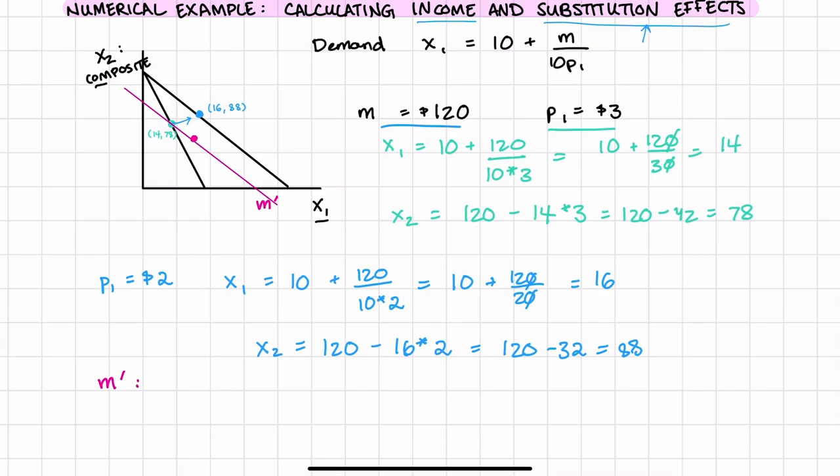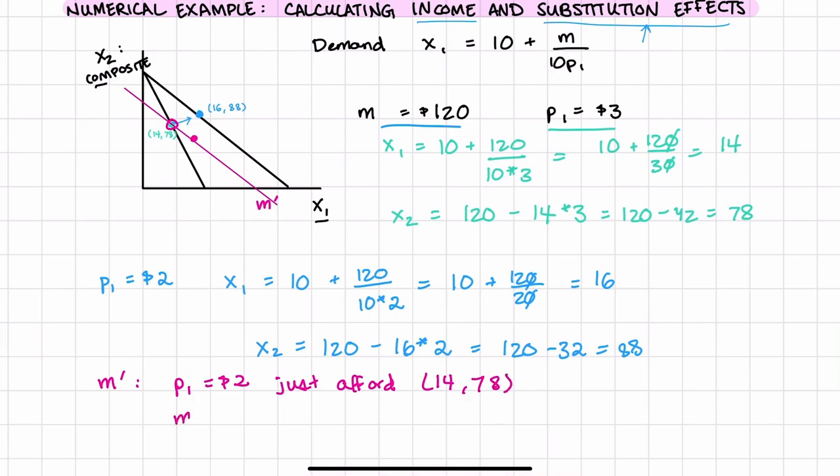What we'll do is say we still want to go through this original bundle, but with these new prices. So our P1 will be $2, and we want to just be able to afford that original bundle of 14 and 78.